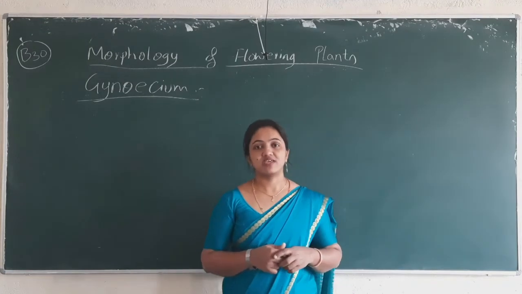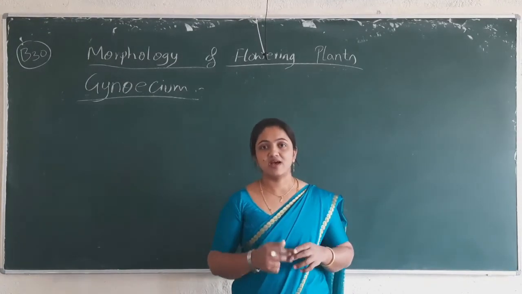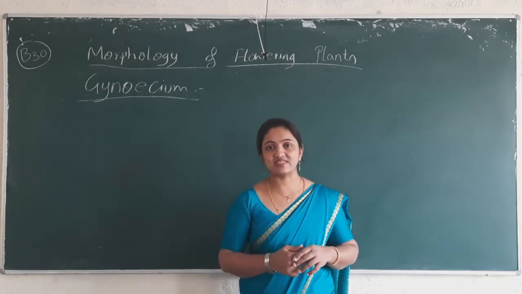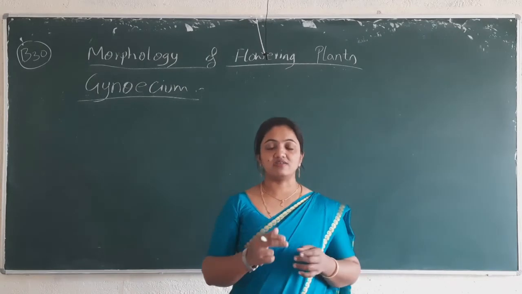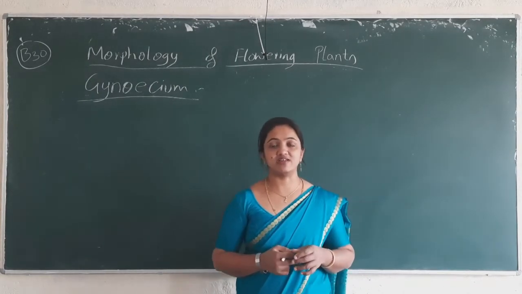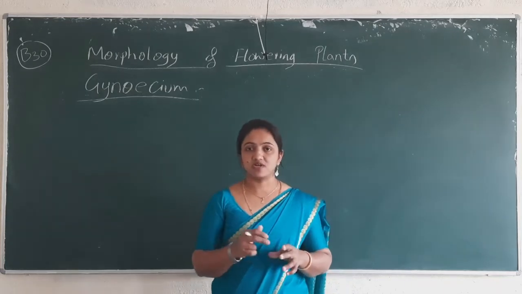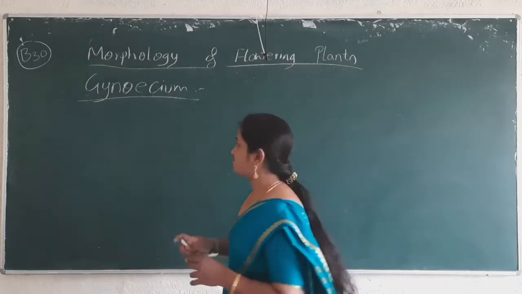The flower can be classified into three types: hypogynous, perigynous and epigynous. But in yesterday's session, I explained the perigynous and epigynous in reverse order. Today I will make it correct, so you also just observe this.